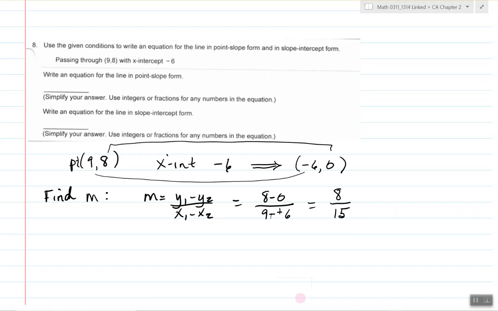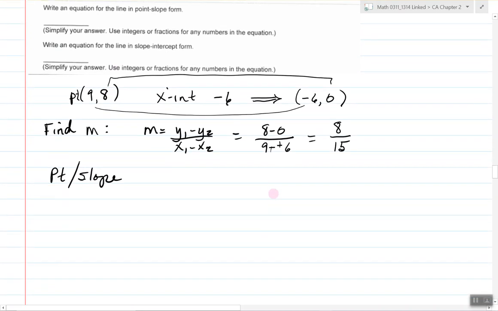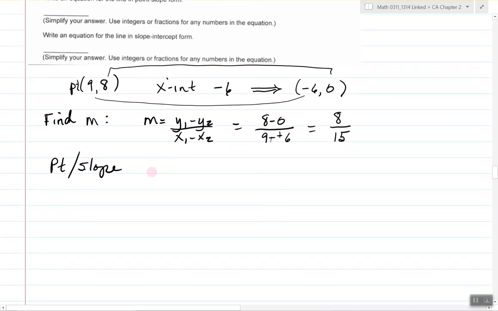All right, now I'm going to do point slope. I'm just going to go ahead and pick my first point. You should be able to do it either way. y minus y1 is equal to m times x minus x1.